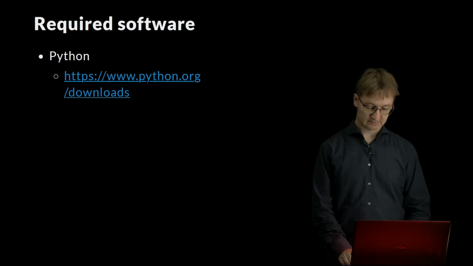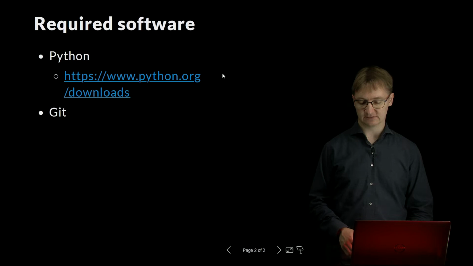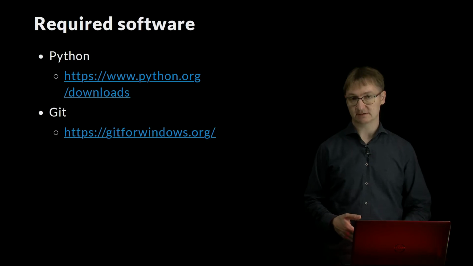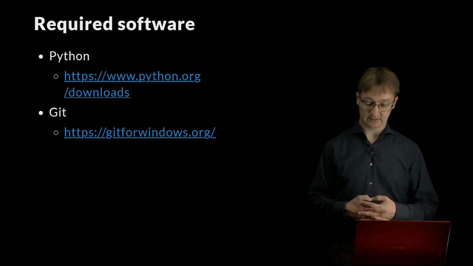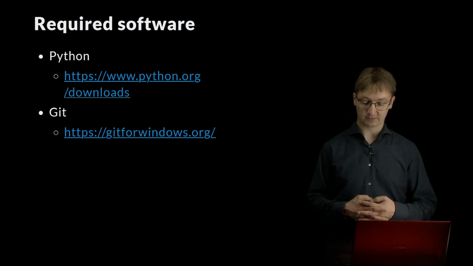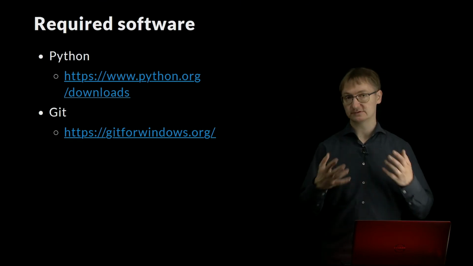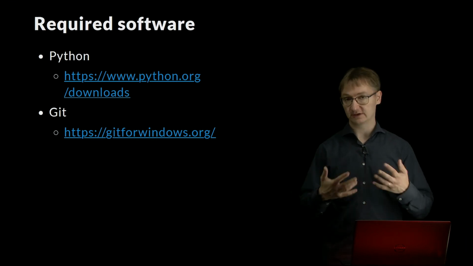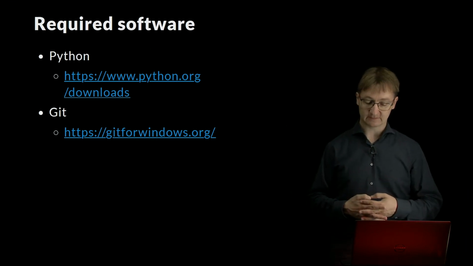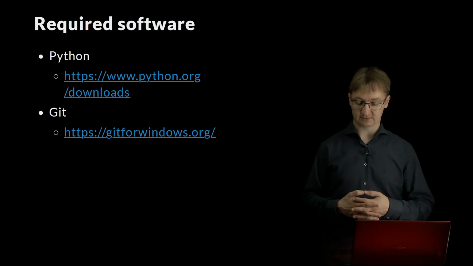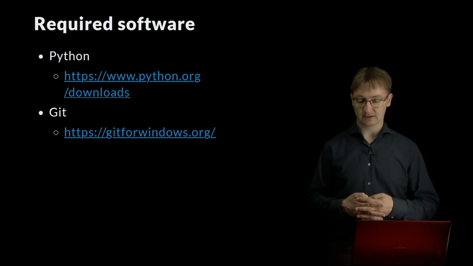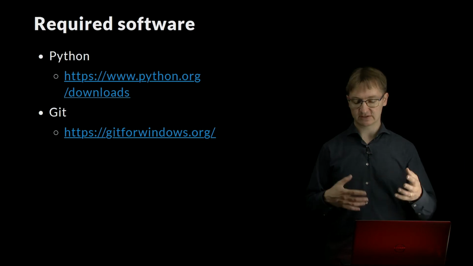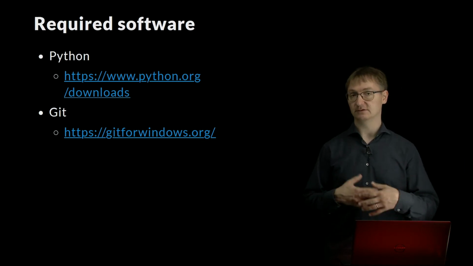Then the next software you need is Git, and Git is basically a technology to store code or store files. And for that we need Git software. And in our course, we also use Git to submit your code.